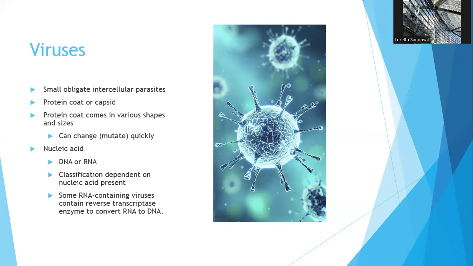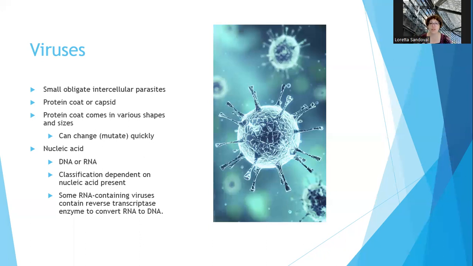It codes for its own enzyme called reverse transcriptase to translate its RNA into DNA, and then it uses your cellular mechanisms to translate its DNA into its own proteins to replicate itself. So some RNA containing viruses contain reverse transcriptase, and some have to use yours.